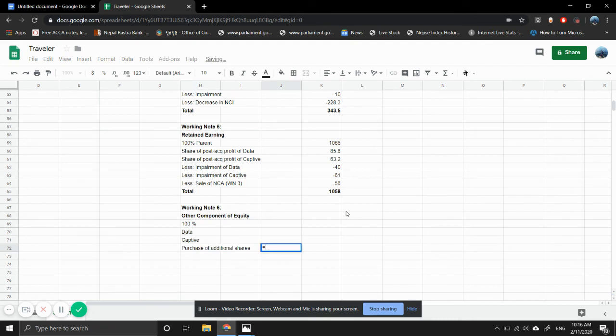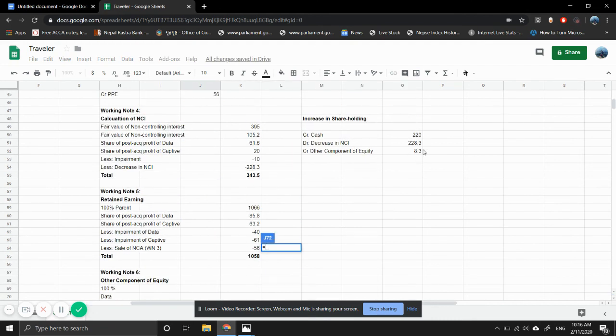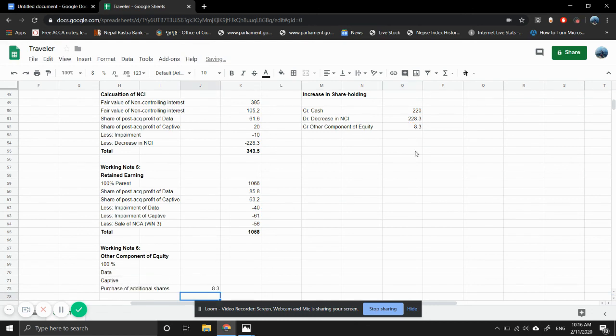So what has this given us? Let's not forget this figure, okay? There has been a positive because we only paid 220, but in case of net assets, we received 228, so there will be a gain for us, right? So 8.3 is a gain. That's why I don't want to miss that figure, that's why I'm writing it down, okay?